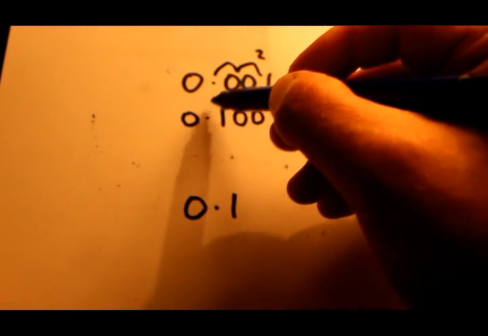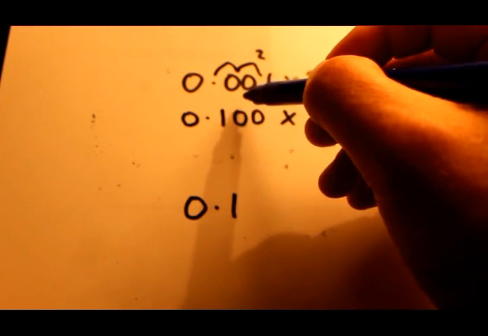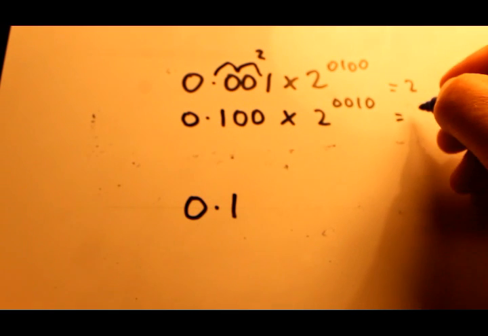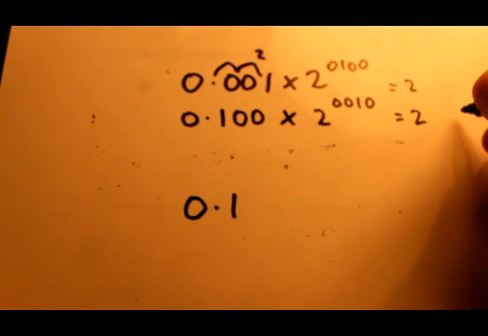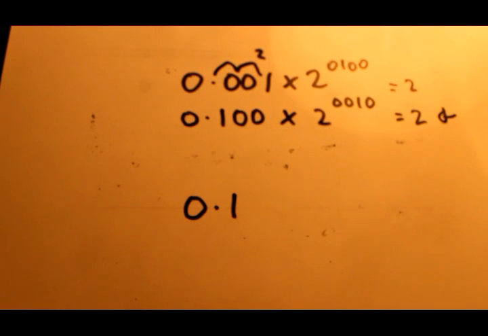We can find that out. 1, 2, 1 and 2. So that is 2. So this is the normalised version of the correct floating point number. Okay, you have to remember that.